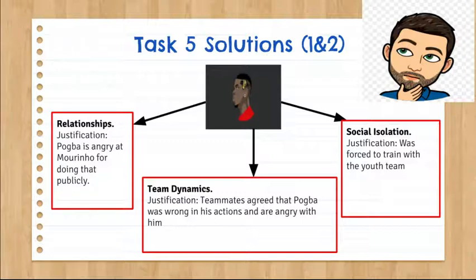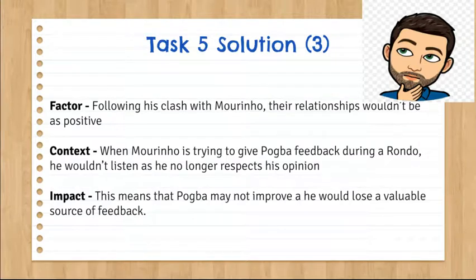Okay, so there's solutions to part 1 and part 2. You may have chosen other ones. That's not the 3 definitive or the only 3 answers you can give to that question. So our task 3 was to answer the question. So again, I split it up into factor, context and impact. And so the relationship wouldn't have been as positive.